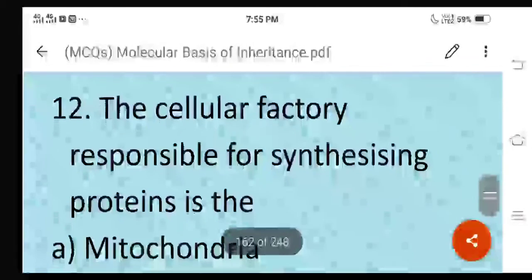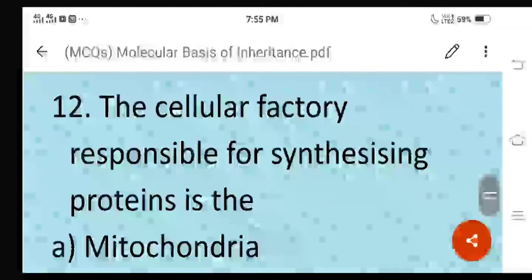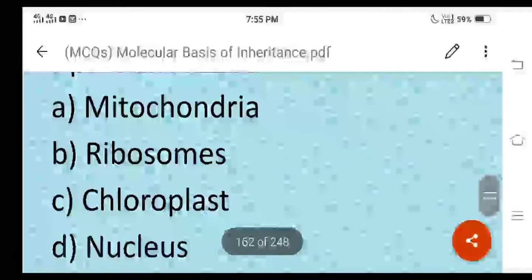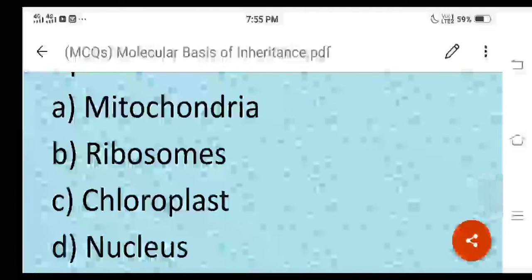The cellular factory responsible for synthesizing proteins is the, different options are there: mitochondria, then ribosomes, then chloroplast, and nucleus.